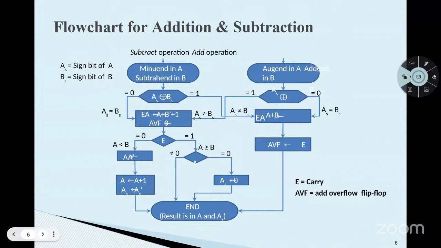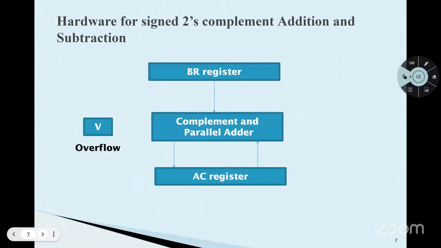Right? So finally, the result is in A and AS, and in the sign bit and overflow bit. Okay. So is the addition and subtraction clear? Now you can move to 2's complement addition. Okay. Next.